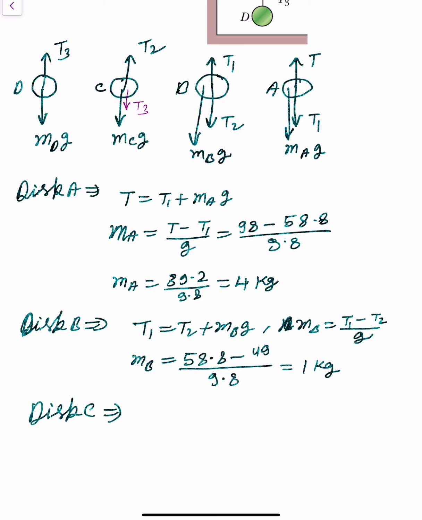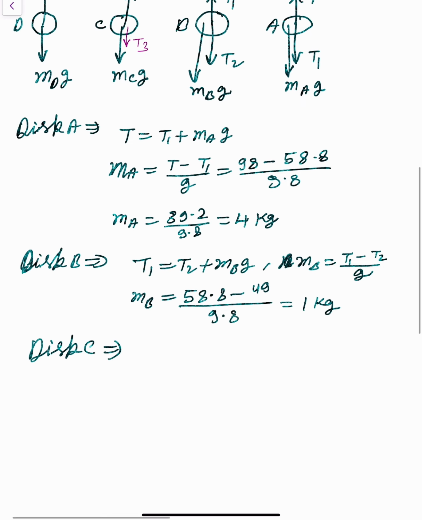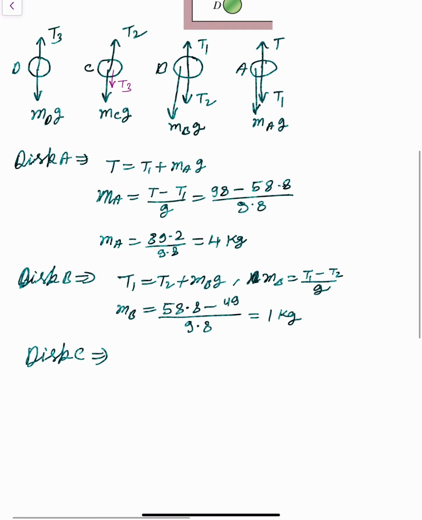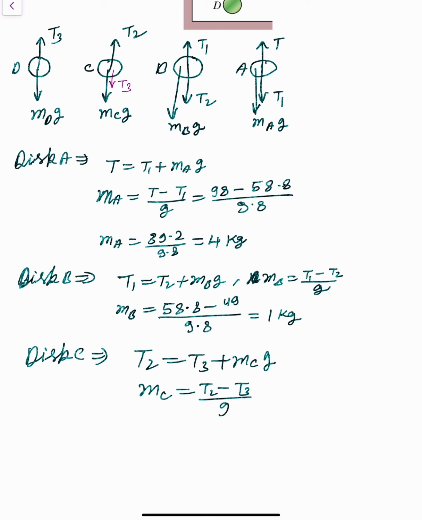Focus on disc C. Here T2 is equal to T3 plus MC into G. Why? Because in equilibrium, that's why it is written. So MC will equal T2 minus T3, divided by G. T2 is 49 minus T3 is 9.8, divided by G is 9.8. So what about that value?